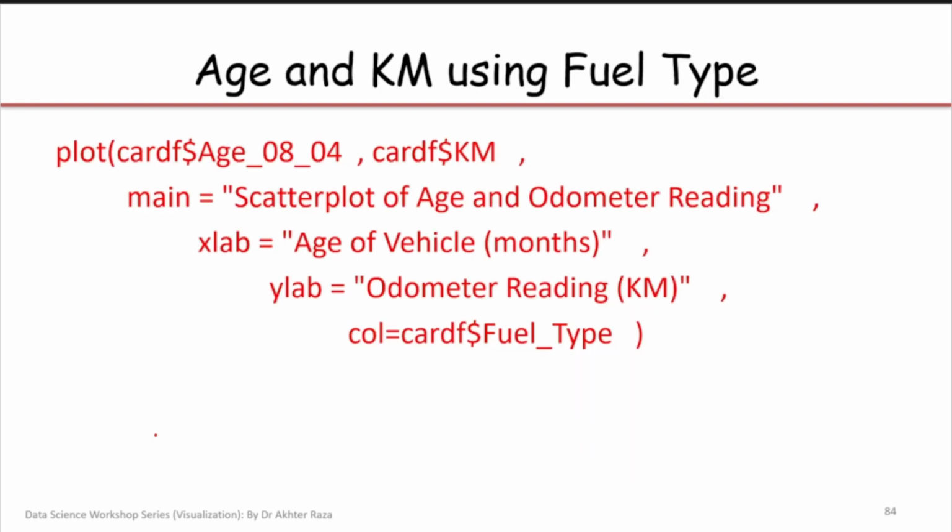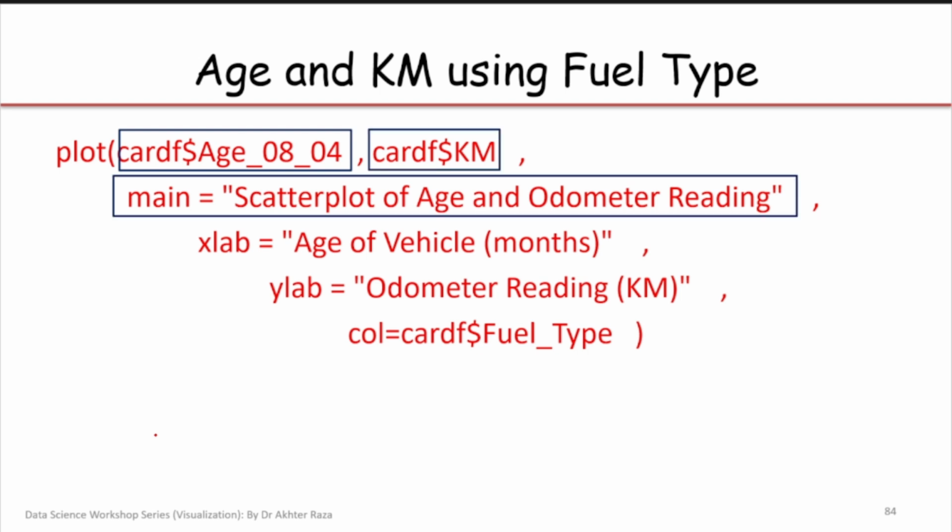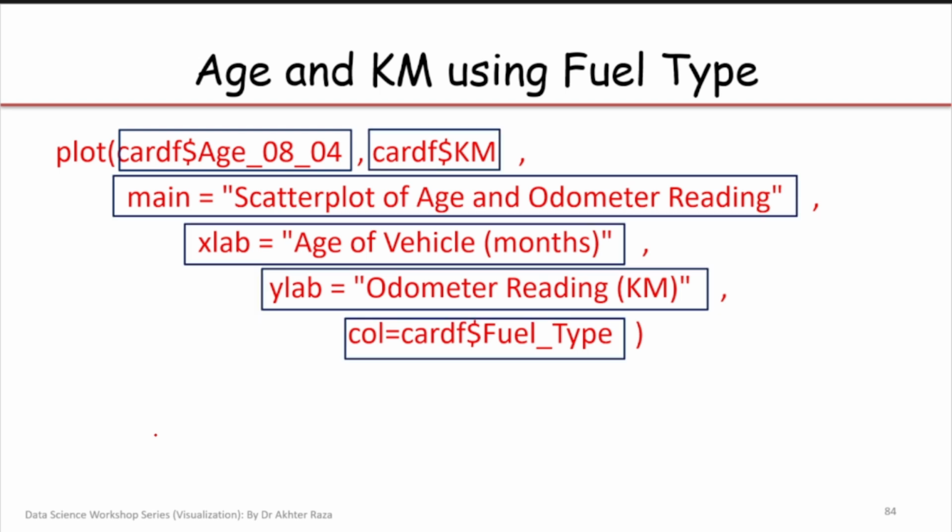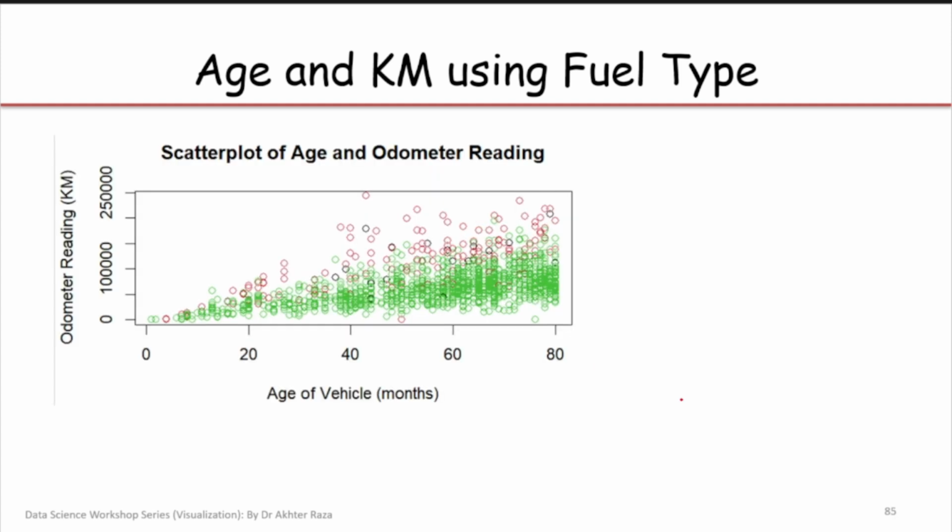Now similarly, for age and kilometer, we can use the color command as well, with different colors, and colors according to the fuel types. Fuel type is used as a color parameter. If you use the fuel type as a parameter, then we have three different types of fuel. Green color is used for one type, and other colors are also mentioned here.